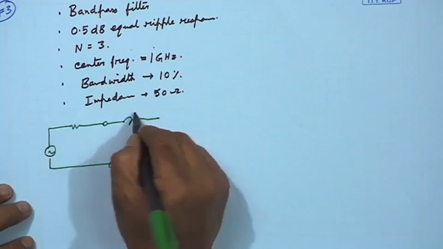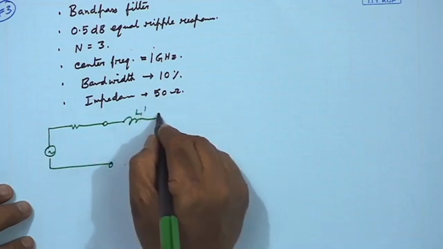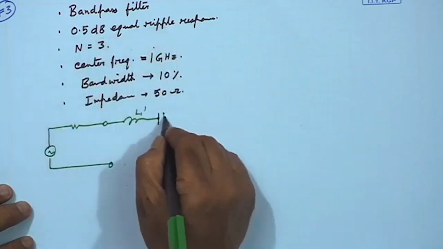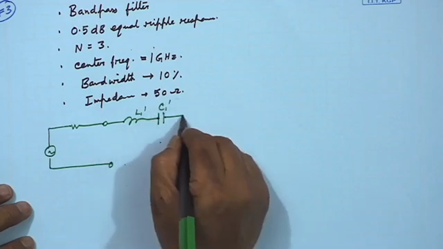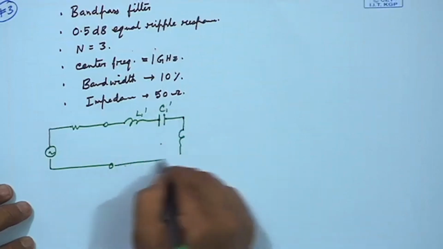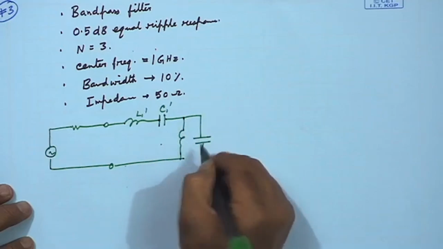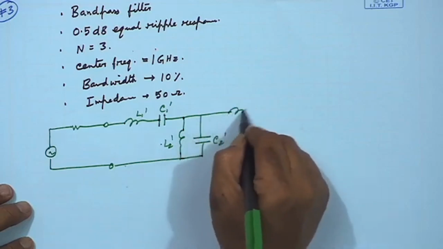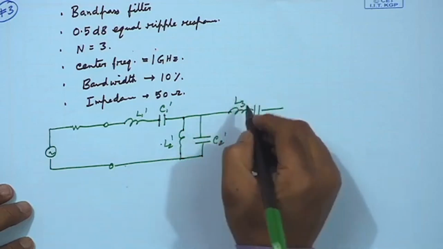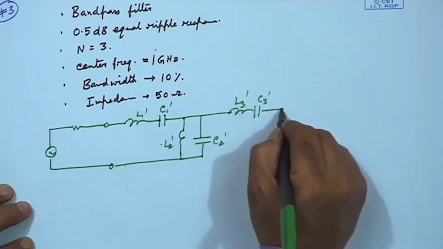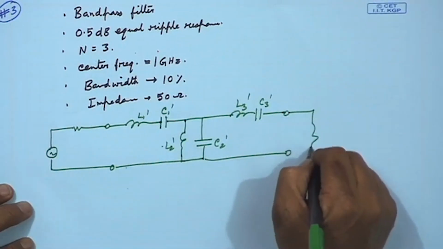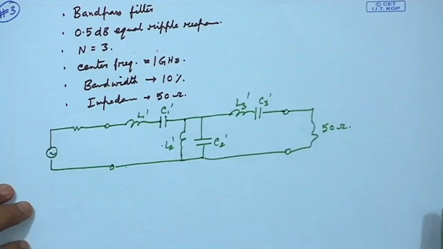First element, if I take L1 dashed, second, because this is band pass, so I know any L1 is basically L1 C1 dashed, then L2 is L2 dashed C2 dashed, then L3 dashed C3 dashed, and that n is equal to 3, finally it will be terminated by 50 ohm. Now, where from I get all these L1 C1 values?